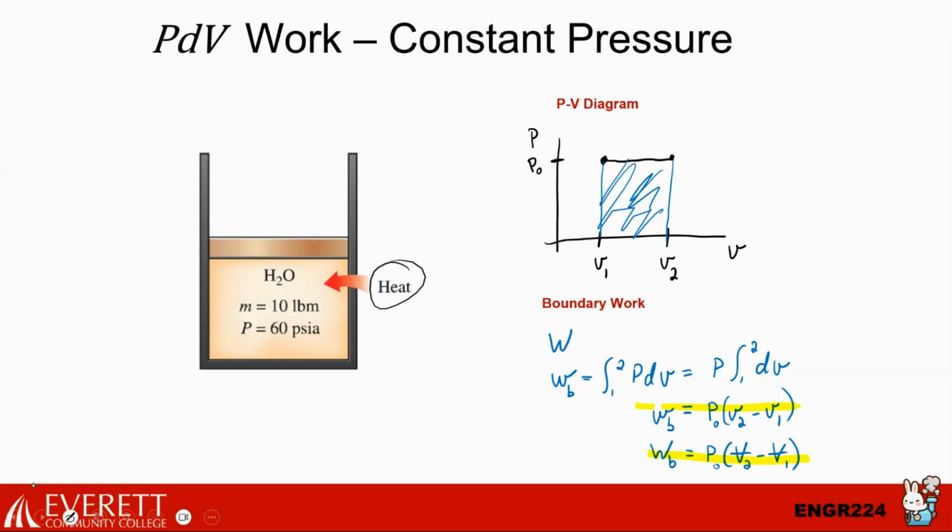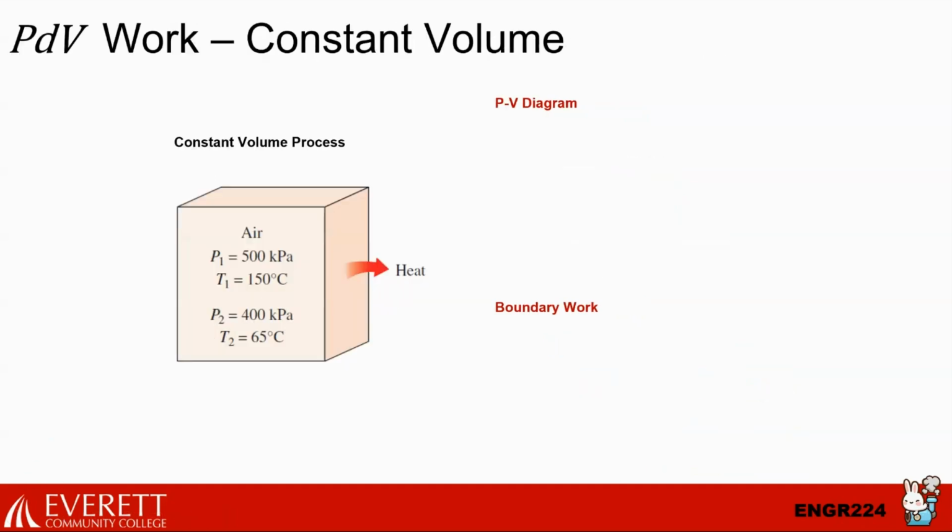Okay, so let's take a look at constant volume. This is the example that we've kind of seen before. We're still possibly seeing heat cross the boundary, so it doesn't mean that there's nothing happening on one of the boundaries.